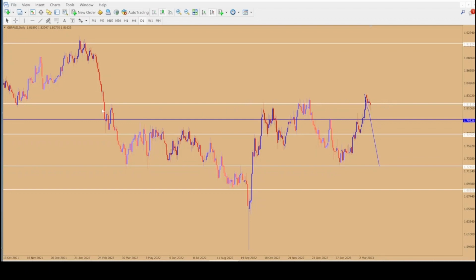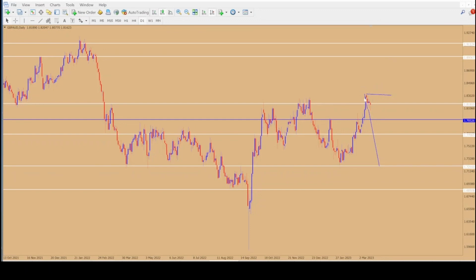But if we get a significant bullish close above this area, a significant bullish close above the, let me check what that is, above the 1.8334 area, so we could see the market go to as high as the 1.8906 area, right?